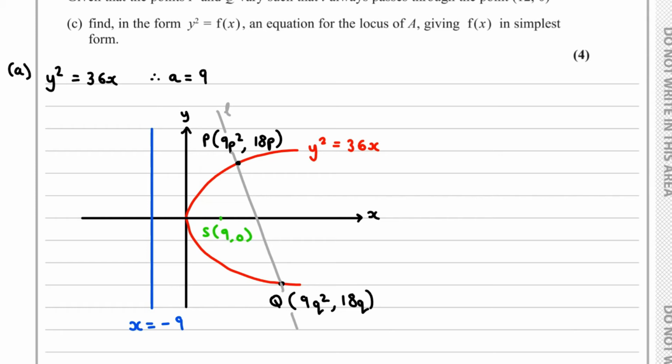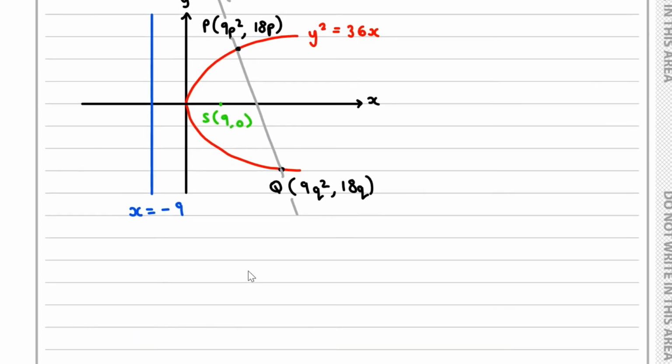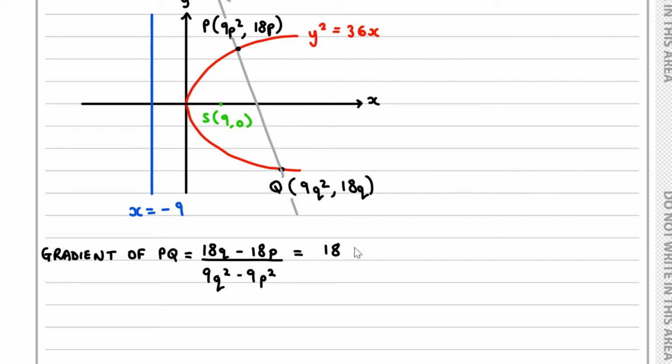Now, of course, to find L, what we need first of all is the gradient of PQ. So therefore, for the gradient of PQ, we've got the change in y's, so we've got 18q take away 18p, over the change in x, which is 9q squared minus 9p squared. And on the top, if we factorize out the 18, we've got 18 lots of q minus p.